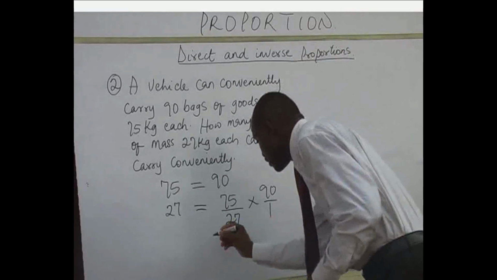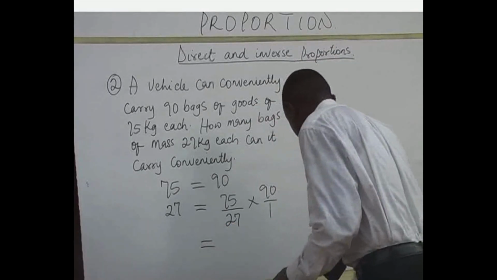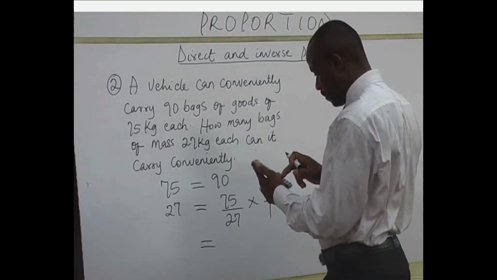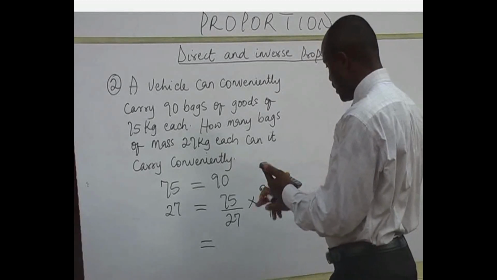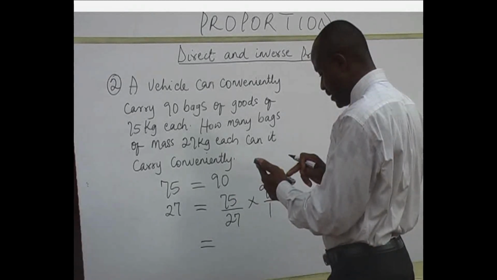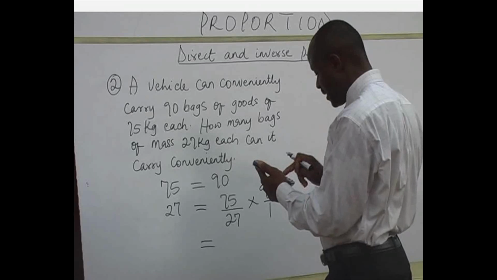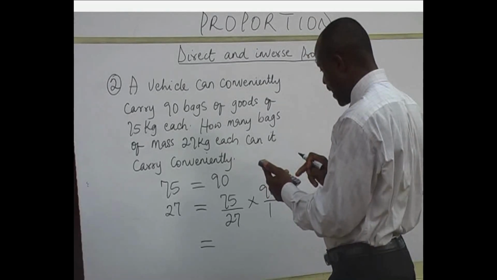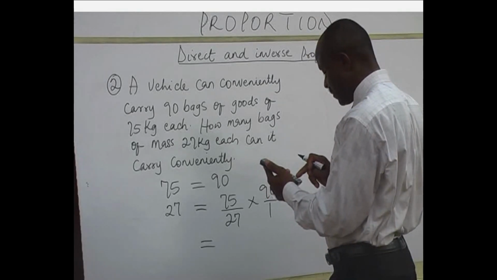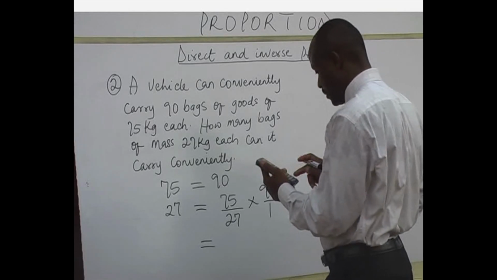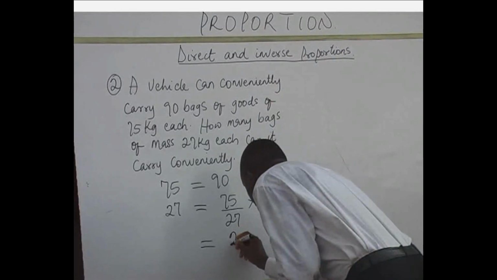We're going to use our calculator now. 75 times 90 divided by 27 is giving us 250 bags.